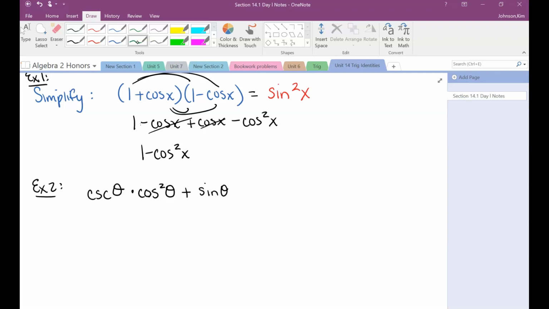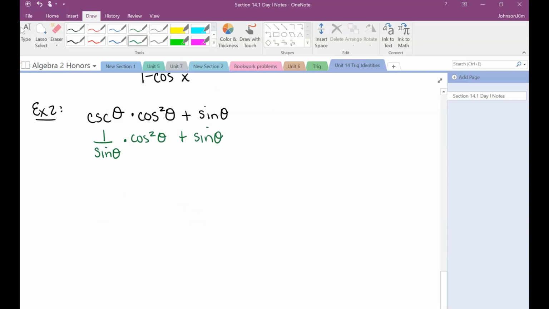Okay, if I rewrite this, it gets a little messy. Cosecant of theta is 1 over sine of theta, times cosine squared of theta plus sine of theta. Now if I'm going to add those two together, I'm going to need a common denominator. So I'm going to multiply the second fraction by sine of theta over sine of theta.